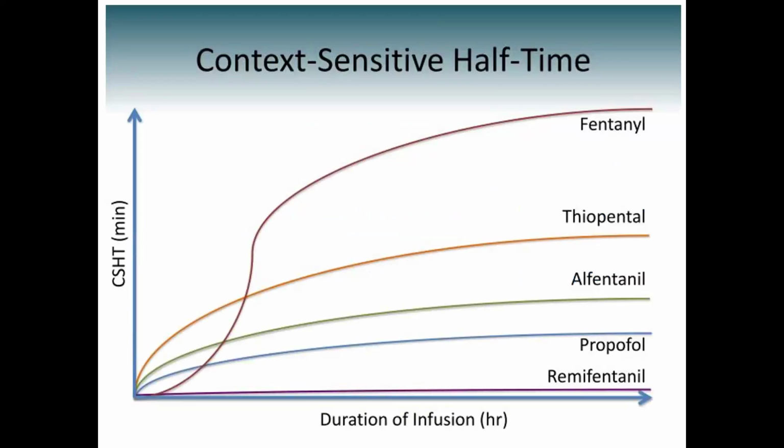This is very important because it has a lot of clinical implications for all of us: anesthesia, palliative pain. Remifentanil, look at it, it's down below there. Fentanyl. So let's say I'm working in a palliative care unit and running a fentanyl infusion. The fentanyl is accumulating in your body. If you keep giving it for days and days, you're just accumulating fentanyl. Don't think that once you stop the fentanyl infusion, everything will go away.